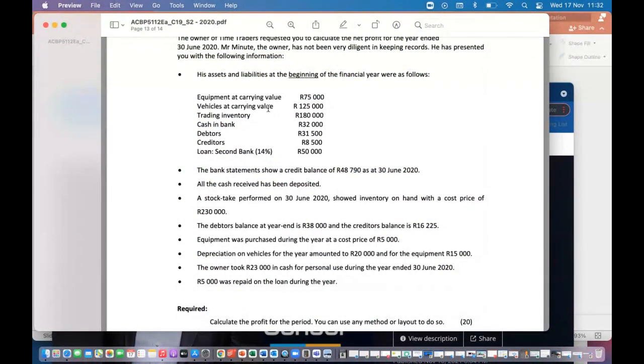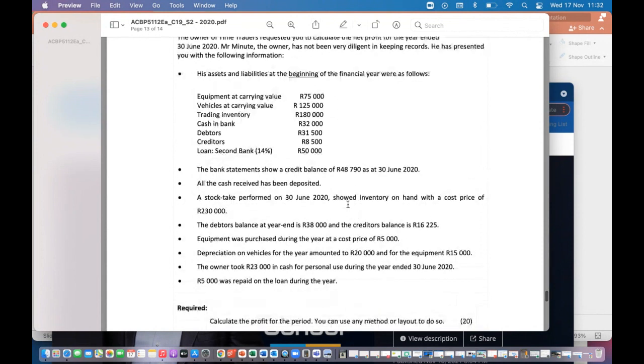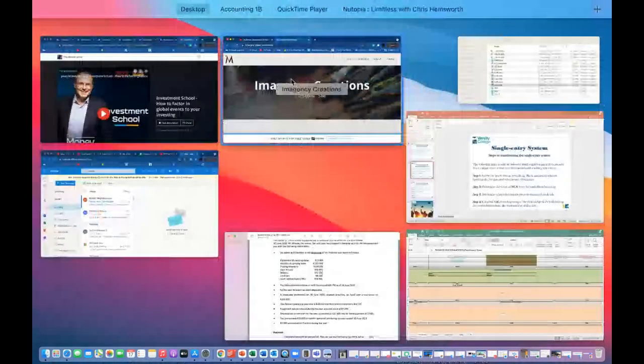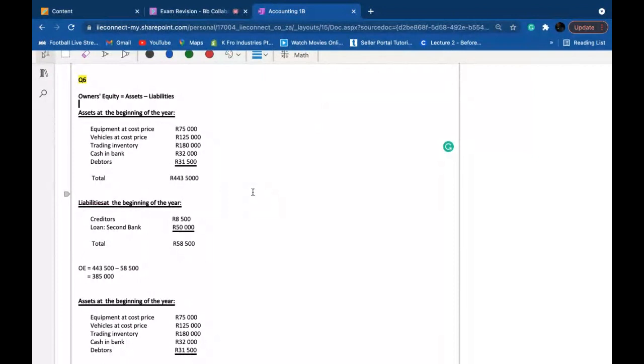Here they said at carrying value. I think that was a mistake. They should have said at cost, because they did not actually give us depreciation for the year, so we couldn't get the cost value. But anyway, let's proceed.